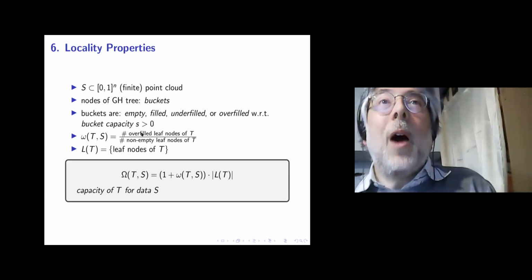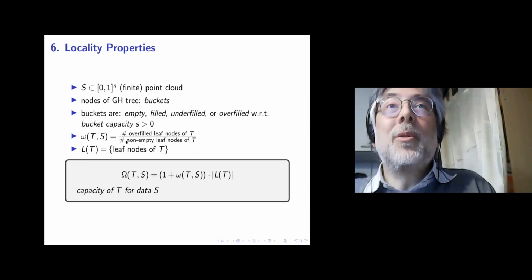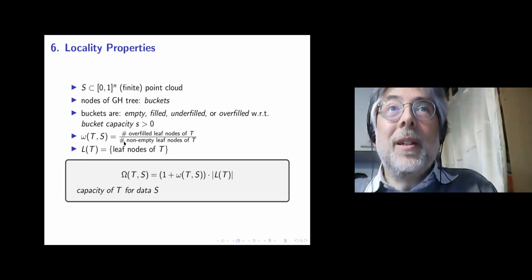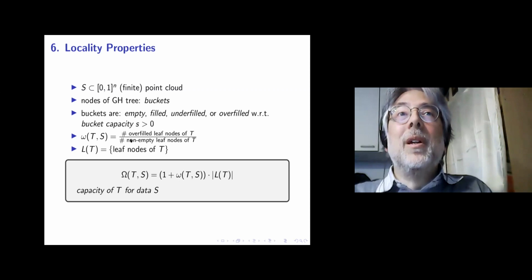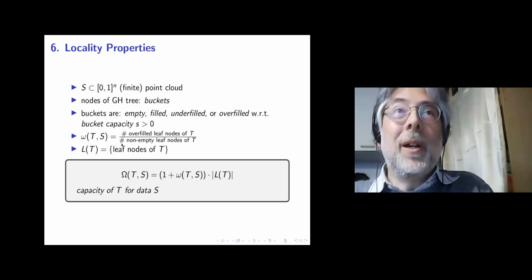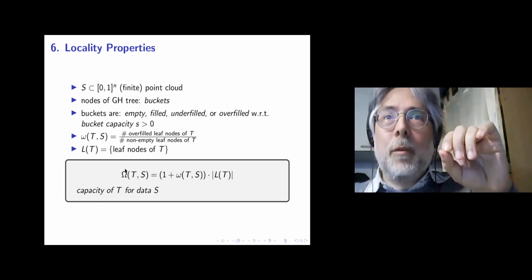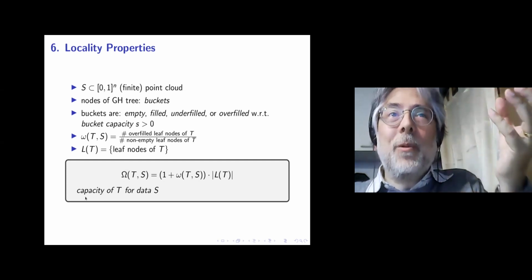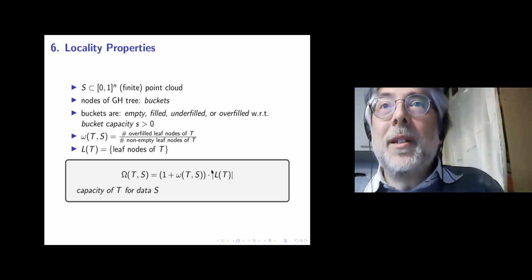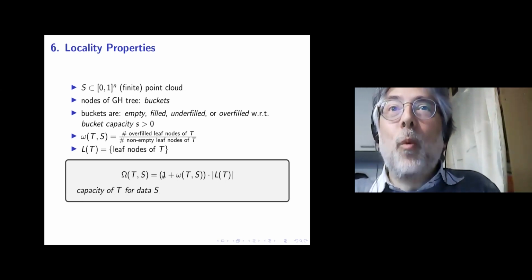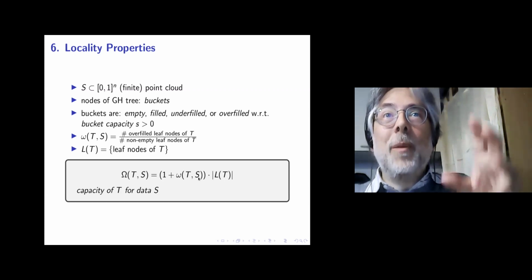And you count the overfilled leaf nodes of the tree and divide it by the number of non-empty leaf nodes. This gives you an omega, and then we define a number which is called the capacity of the tree for the data S. It is just the number of leaf nodes multiplied by 1 plus this omega.